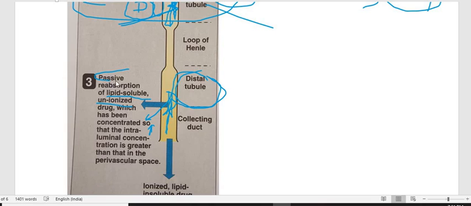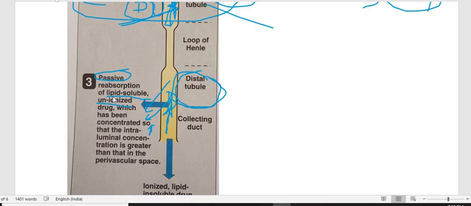Why is it called passive? Because it is energy independent, and it occurs along the concentration gradient. The drug moves from higher concentration to lower concentration, and therefore it gets reabsorbed. So only the lipid soluble or unionized drug.